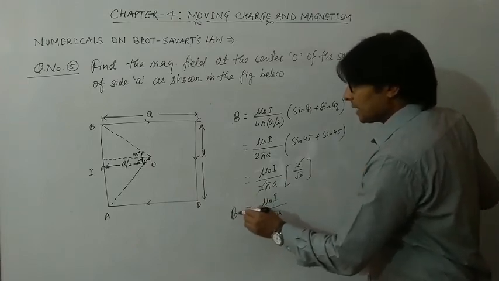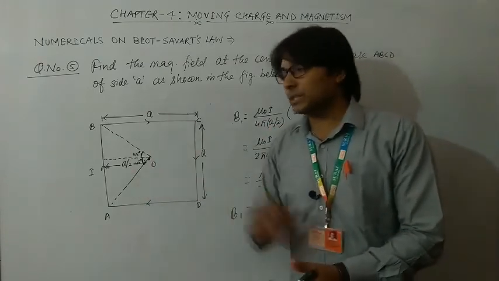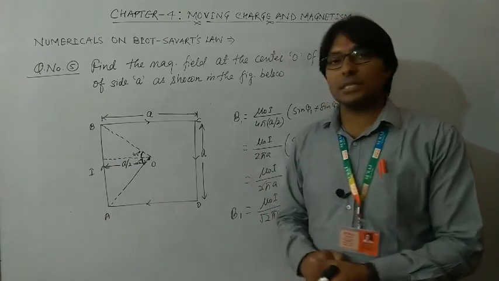So this will be the magnetic field due to the first segment, or one of the sides of this square, but this square consists of 3 more sides.